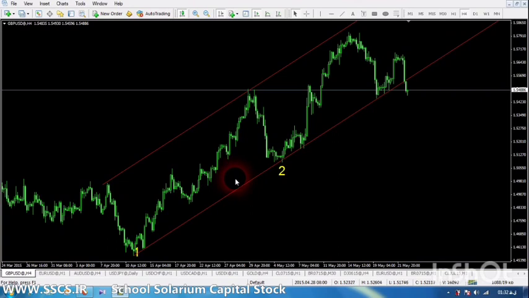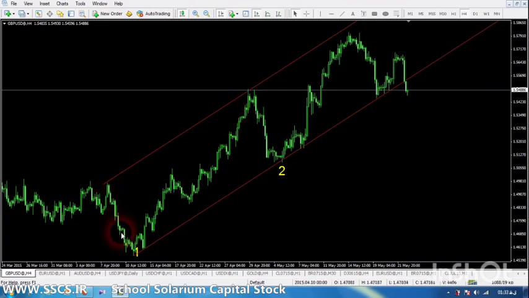So usually I've seen most of the traders drawing this in their own special way. There are many methods and ways to draw the trend line that depends on you.